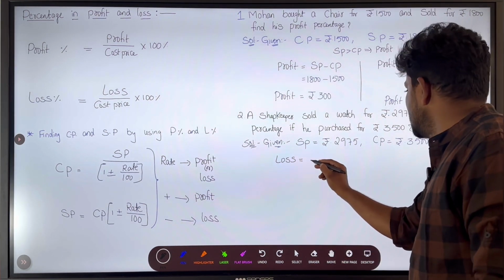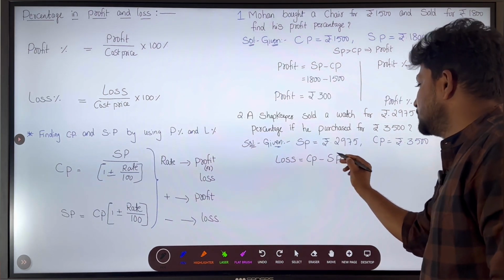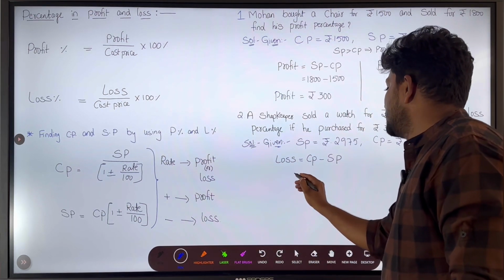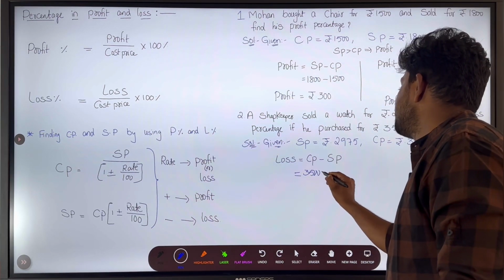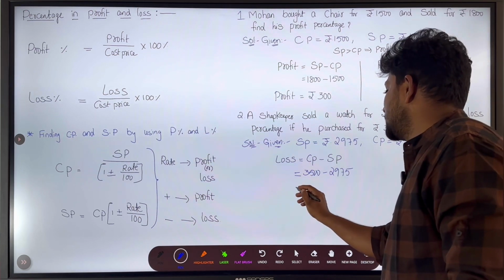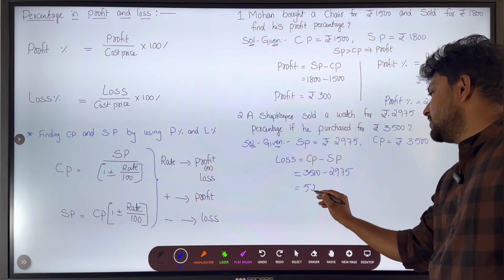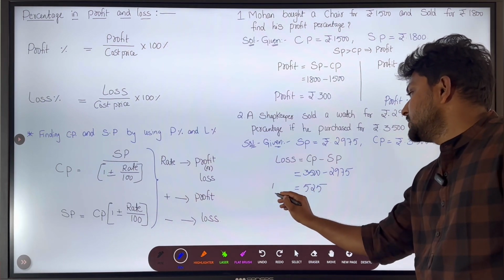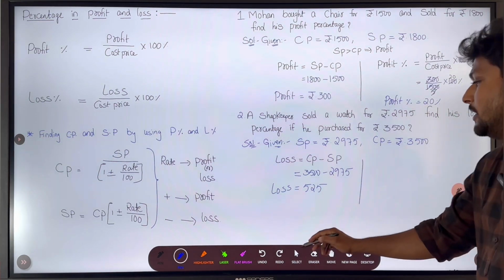Loss equals cost price minus selling price. The cost price is 3,500 minus 2,975. If we subtract that, it will be 525 rupees loss. Loss is 525.